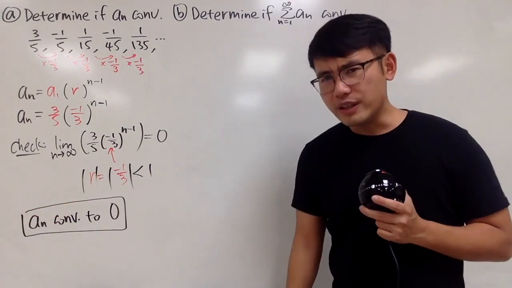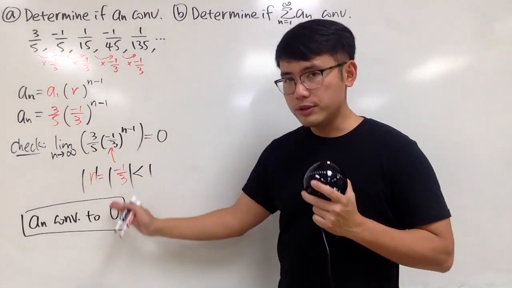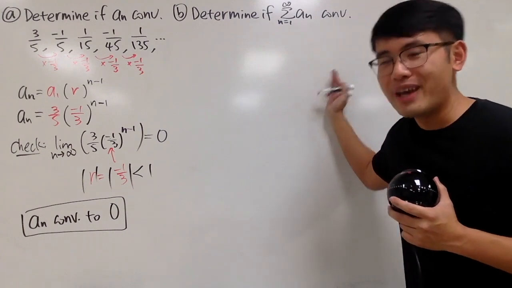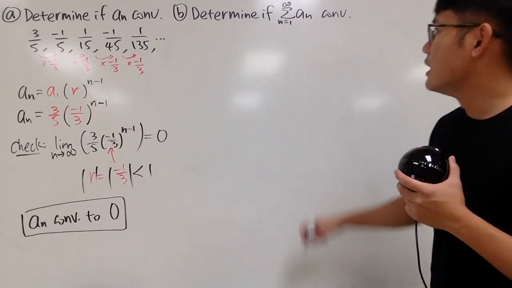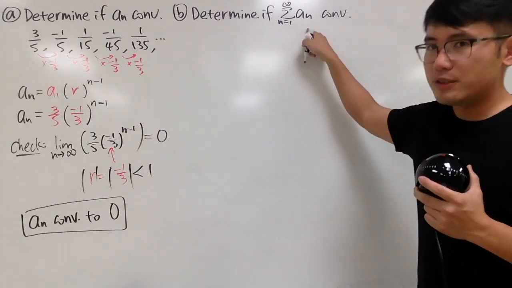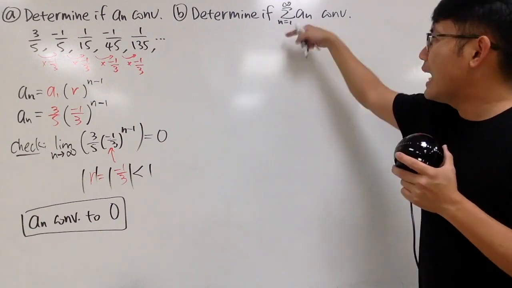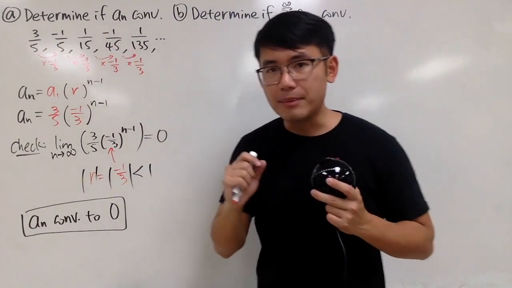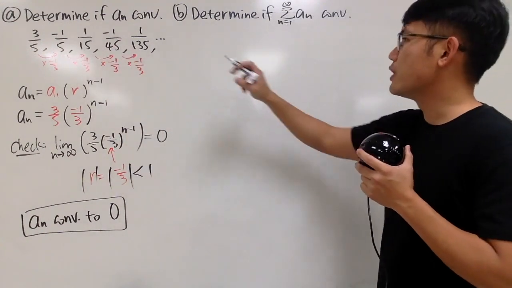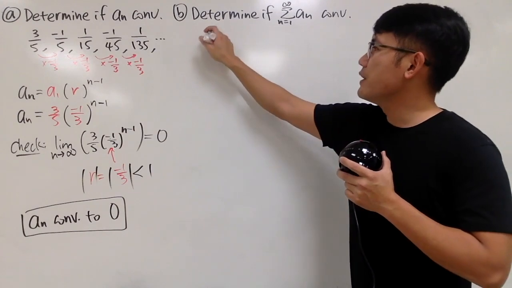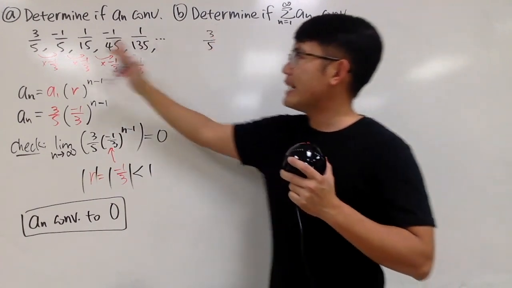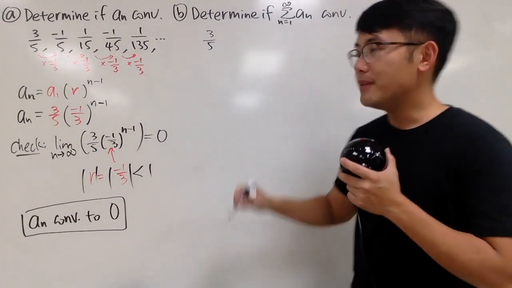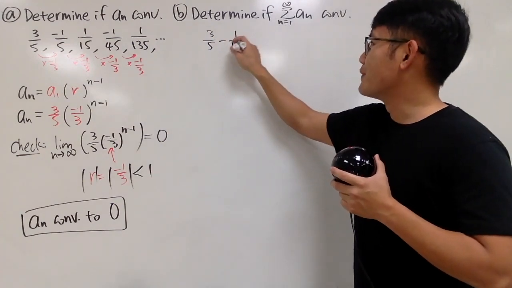Unfortunately though, when a_n goes to 0, we cannot draw any conclusion for the series right away. We have to do some more work for that. So now, let's take a look at this right here. First of all, when we have the summation, this means we are going to look at these numbers and then add them up. So for this situation, we will have positive 3/5, and then we add it with -1/5, in other words, just minus 1/5.